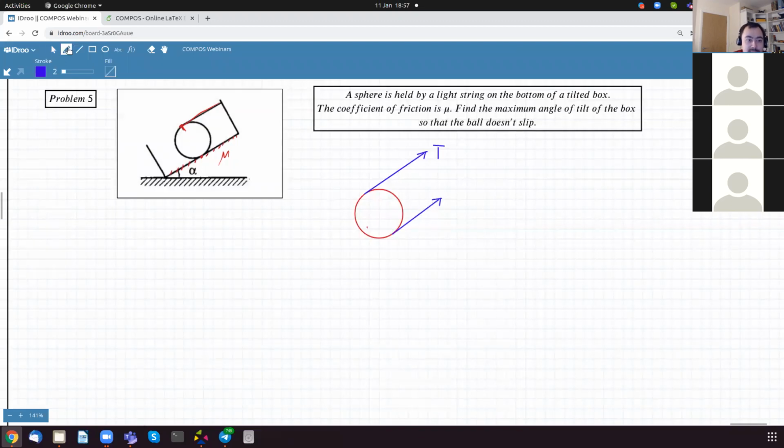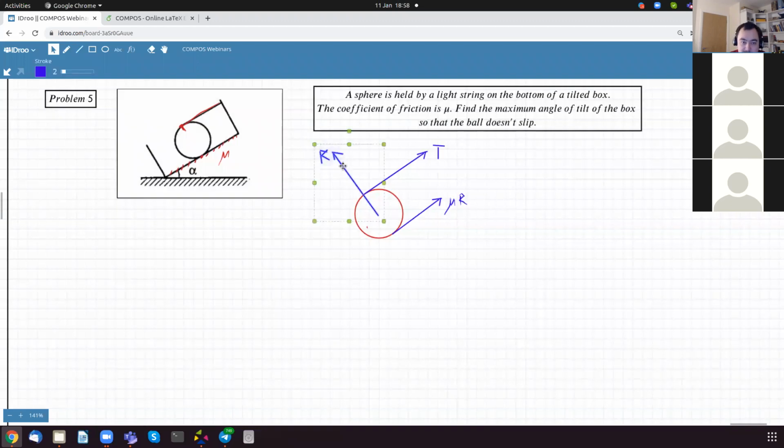I don't know the size of the friction force, but I know that when it starts slipping, it's going to be mu r. That is the critical value at which it starts slipping. So mu r, where r is the reaction force. Of course, there's the reaction force acting on the ball.